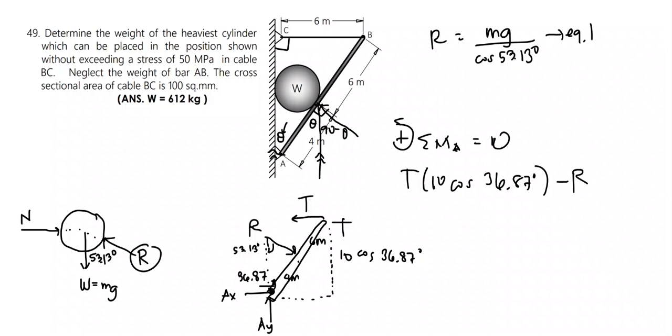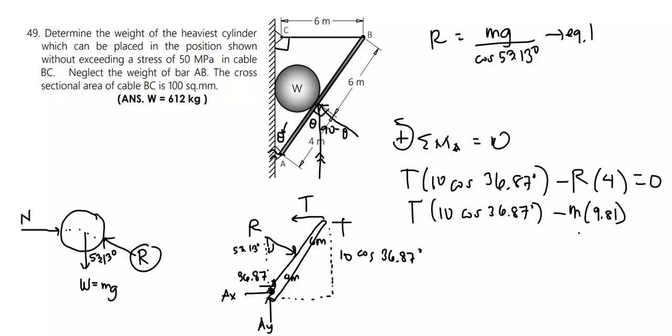So that's R times a moment arm distance of 4 meters equal to 0. And we know that R is equal to mass times the gravitational acceleration divided by cosine of 53.13 degrees, so we can substitute R, which gives mass times 9.81 meters per second squared divided by cosine of 53.13 degrees times 4, all equal to 0.